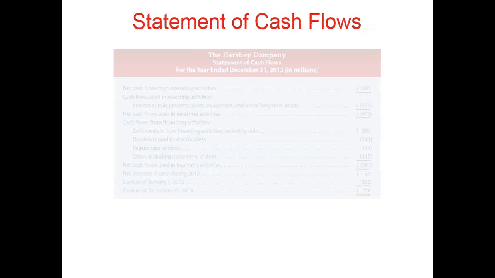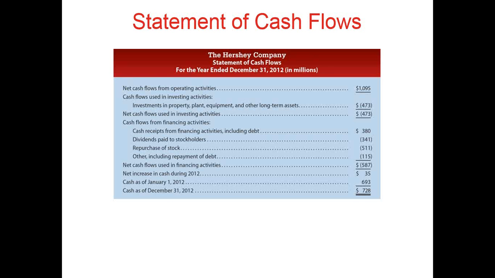Now, we talked early on about three activities of a company: operating, investing, and financing. And you can see that this statement of cash flows is divided into those areas. This particular financial statement comes directly from our bank account and other cash and near cash accounts.